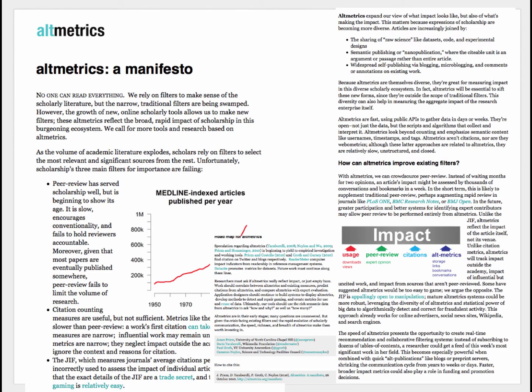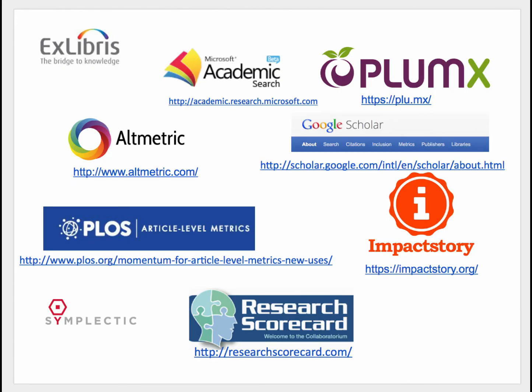Priem is also attributed for writing this manifesto about altmetrics, which describes the perceived need for new types of metrics beyond bibliometrics. And among the sites that offer new types of metrics are all of these. And we'll look under the hood at a couple of them.